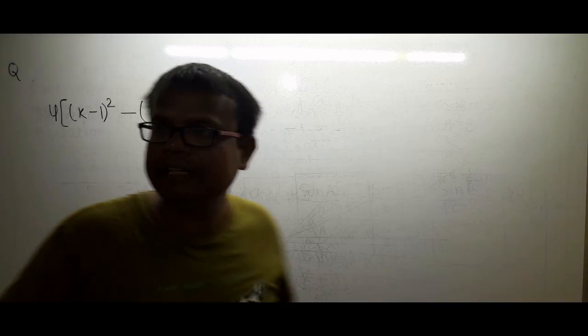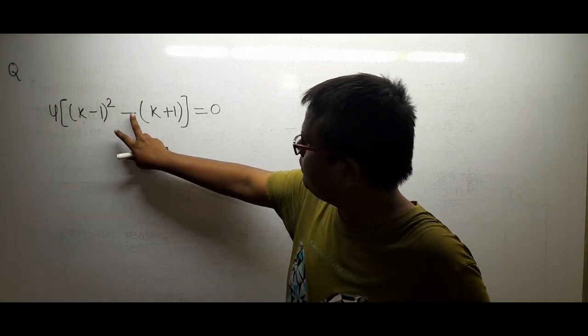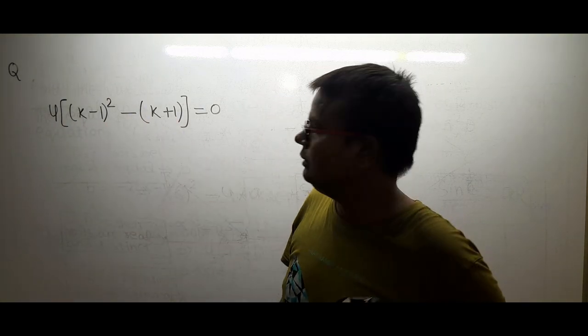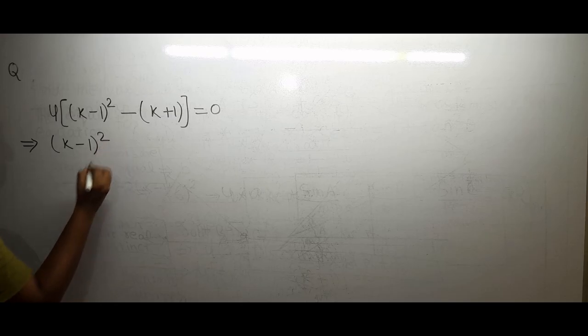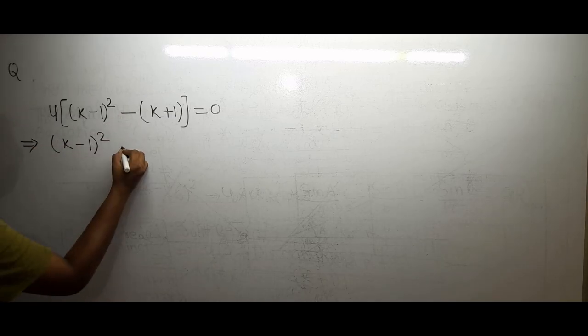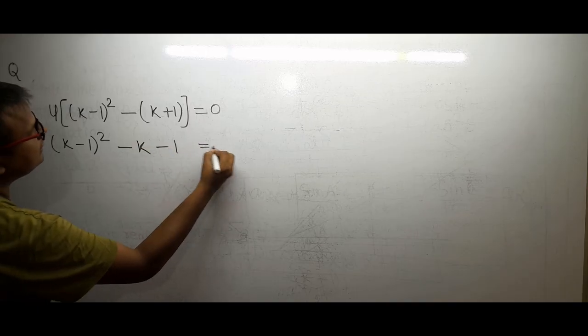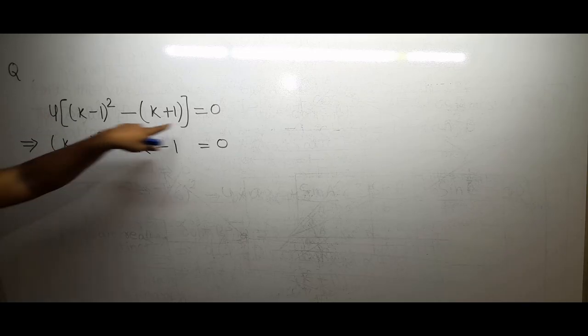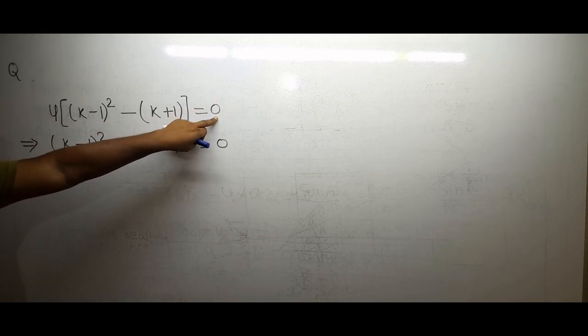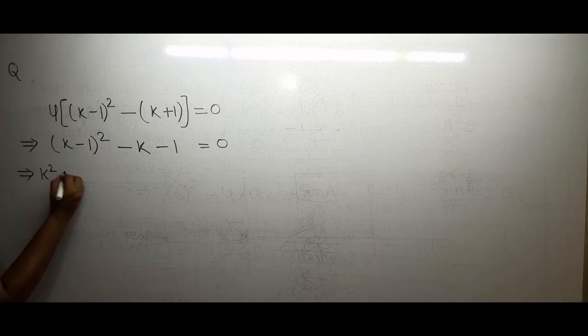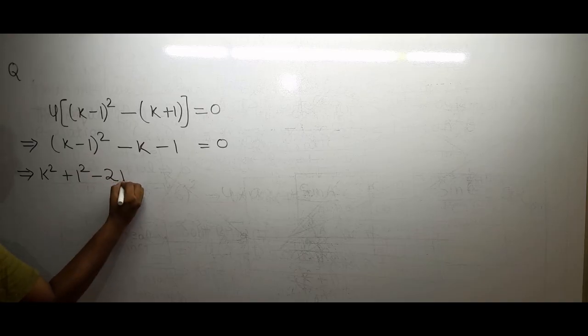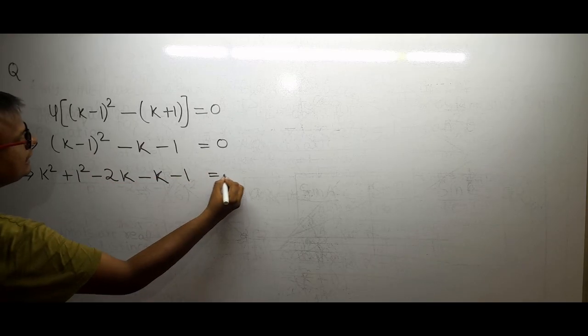Okay guys, so here we have to simplify. 4 is the multiplying factor of this: 4 into (k − 1)² minus (k + 1). So you can write this as (k − 1)² and when you multiply the minus sign inside, it becomes −k − 1, that is equal to 0. 4 will divide 0, so it becomes 0. Now k − 1 whole square, when you open this, will be k² + 1² − 2k − k − 1 = 0.